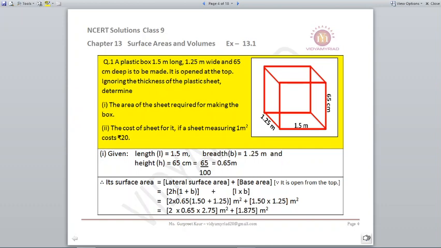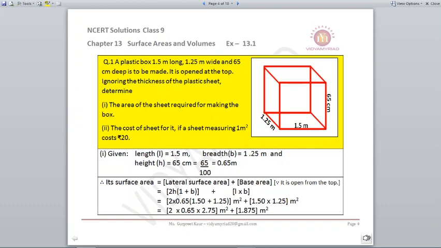Your breadth is given as 1.25 meters, but height is 65 centimeters. So convert it into meters. It will become 65 upon 100, which is 0.65 meters. Now they are saying it is open at the top. Top is not there. Ignoring the thickness, you need to find out the area of the sheet.